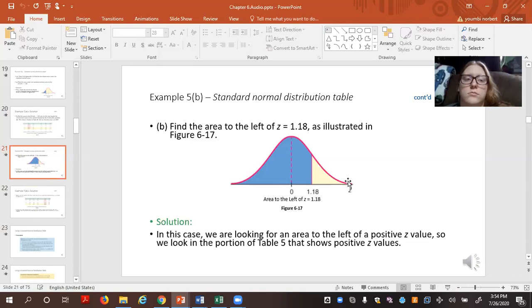Yes. Now let's use our calculator as if we did not know the area to the left. So we will do second function, VARS 2. Now it is the area to the right, so it will start at 1.18 and go to infinity. So we will remove -1 E99 and put 1.18.